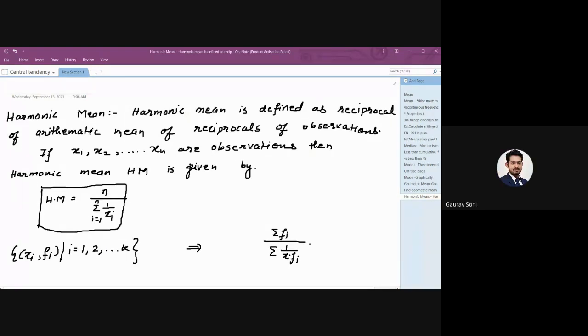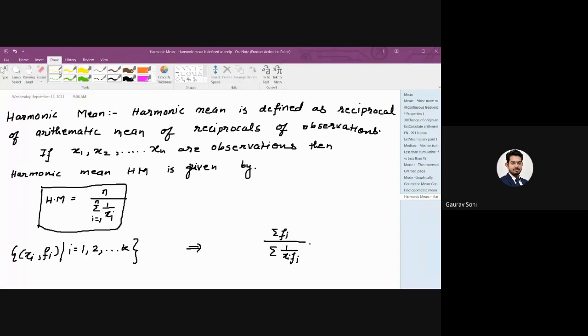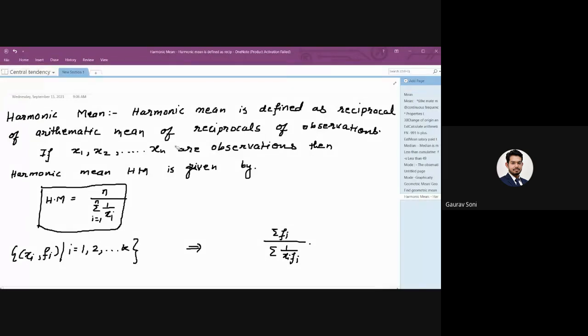Because what is said is that you need to take the arithmetic mean of reciprocals of the observations. So if xi is the observation, then I need to take the mean of 1 upon xi. And how many times is 1 upon xi repeated? It is repeated fi times.